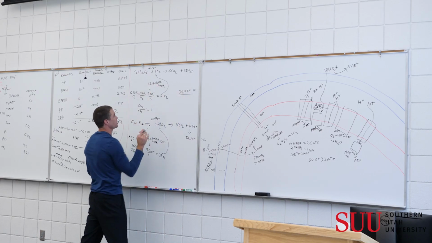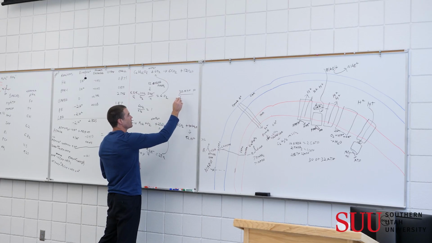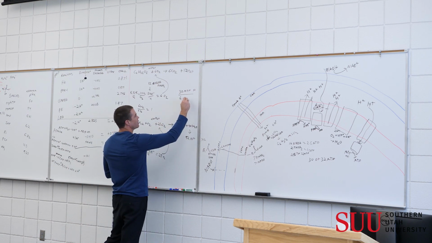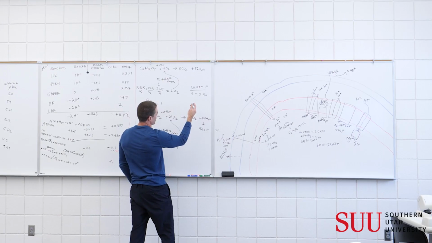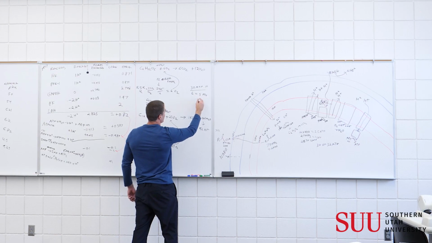And how much oxygen do you need to make 30 ATP? You need 6, okay? So 30 divided by 6 is what? 5. Okay, so you have a 5 phosphate to oxygen ratio. If we said 32, then you'd be 32 divided by 6. So now you're like 5.3 phosphate oxygen ratio.